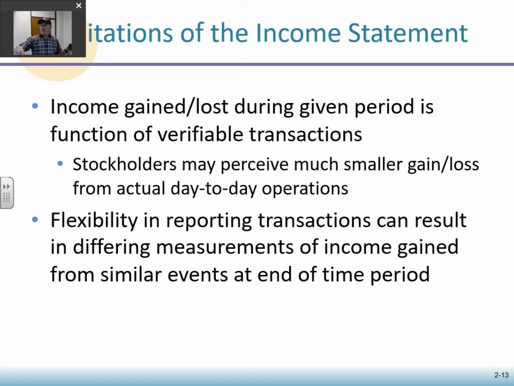And yet the IRS doesn't allow them to show that loss until the loss is actually incurred. So they actually have two different financial statements going on: what they report to the SEC, and what they report and pay their taxes on to the IRS. That can make for some confusion at times, and you guys might see some of that when you do your reports in the second half.